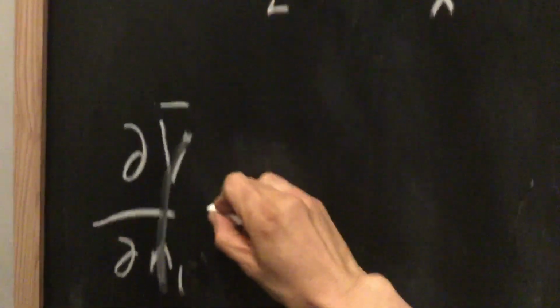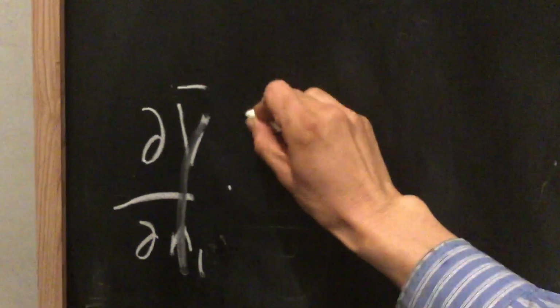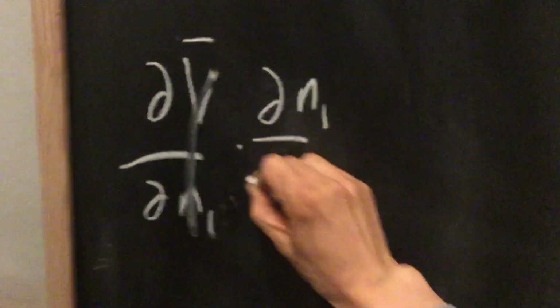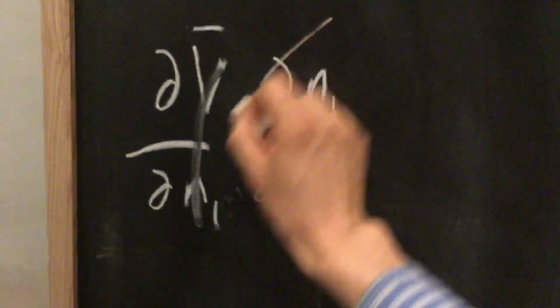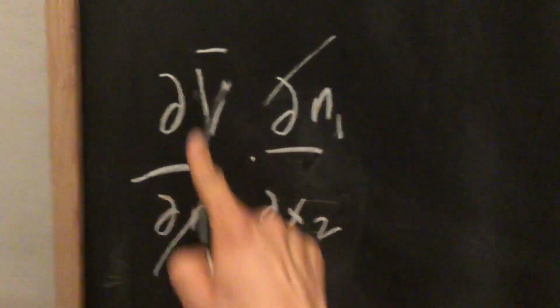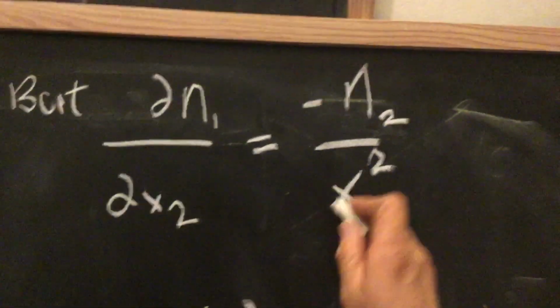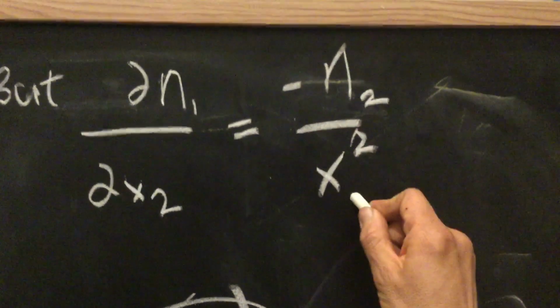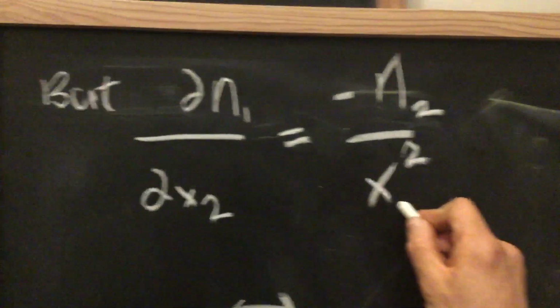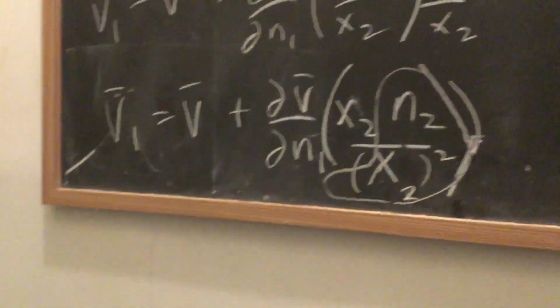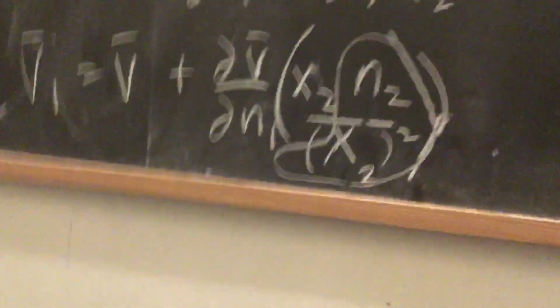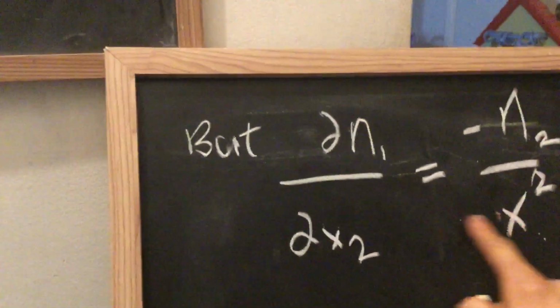So the way I make this look like that is, the teacher said put dN1 here, dX2 here, and then the dN's cancel, and you get dV bar over dX2. But what is this? Remember, this is negative N2 over X2 squared. So that means wherever I see negative N2 over X2 squared, I can put dN1 dX2.